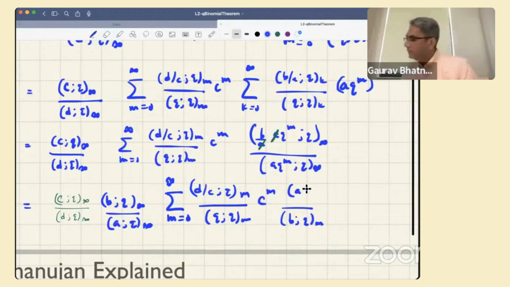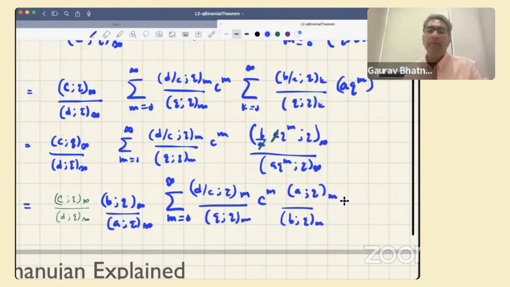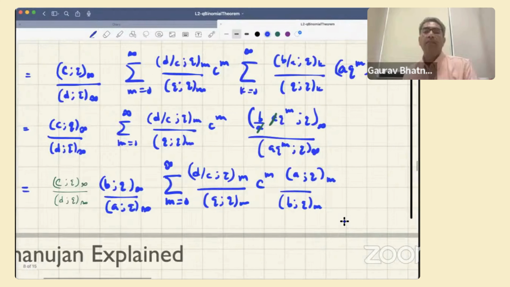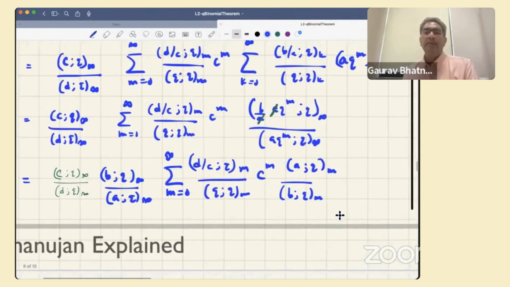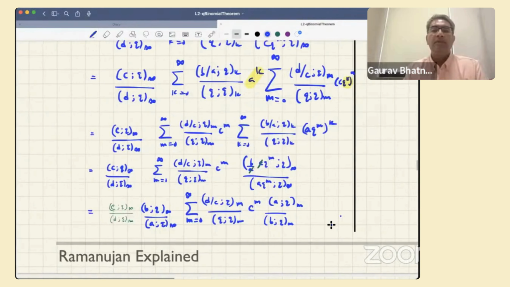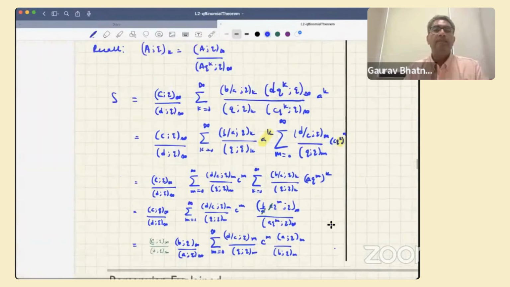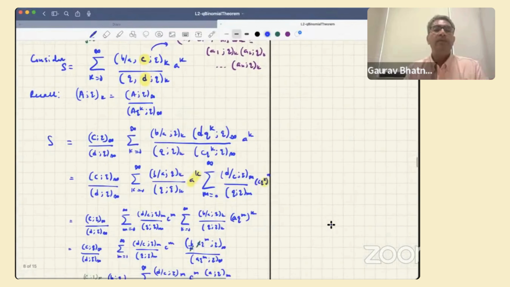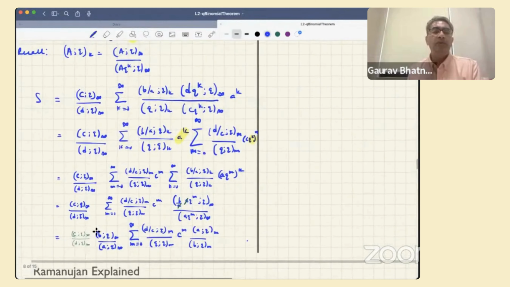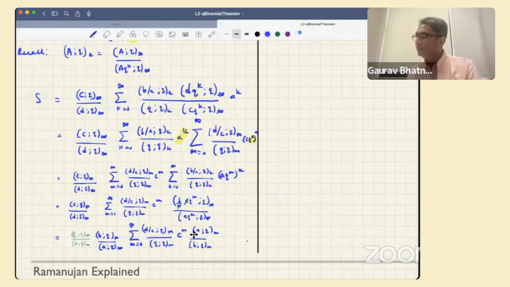Right. So now let me make it smaller. What we've got is that this sum S is equal to these two products and then another sum.